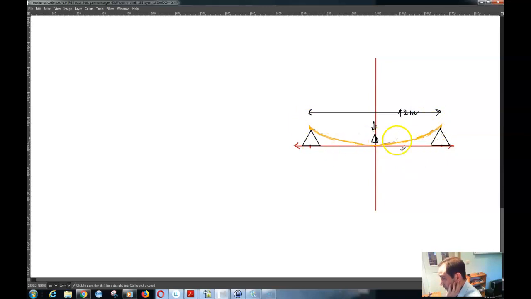And now this log under the pressure of this load has taken the shape of a parabola.